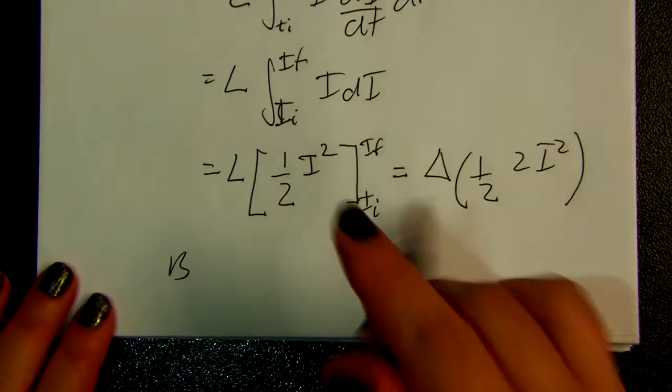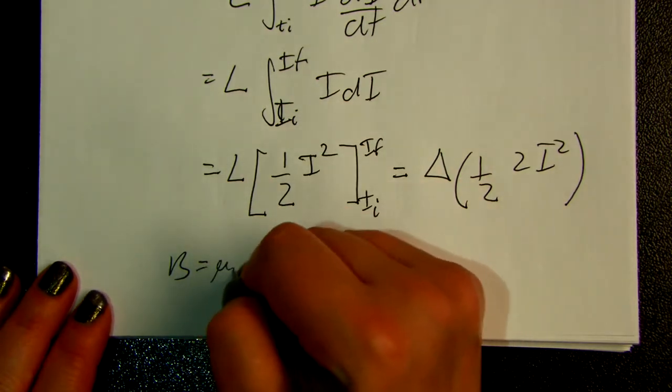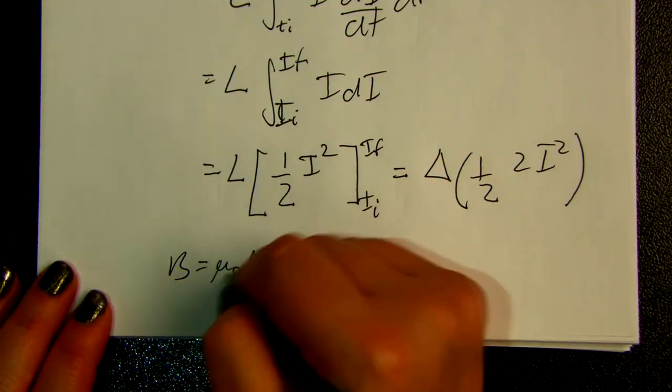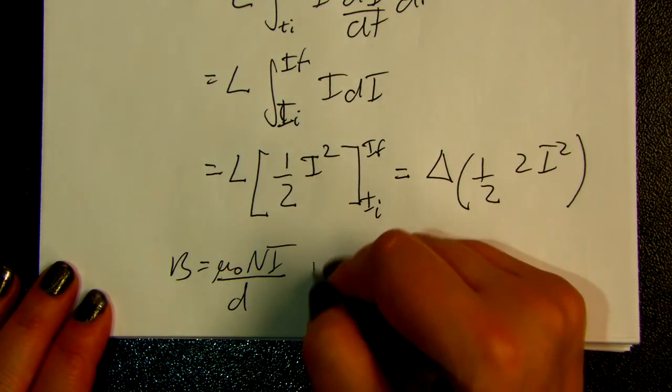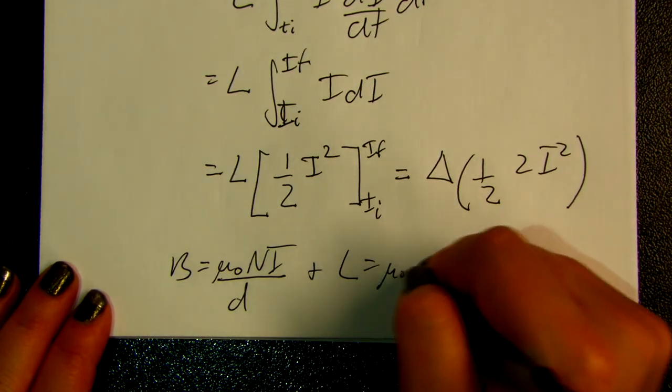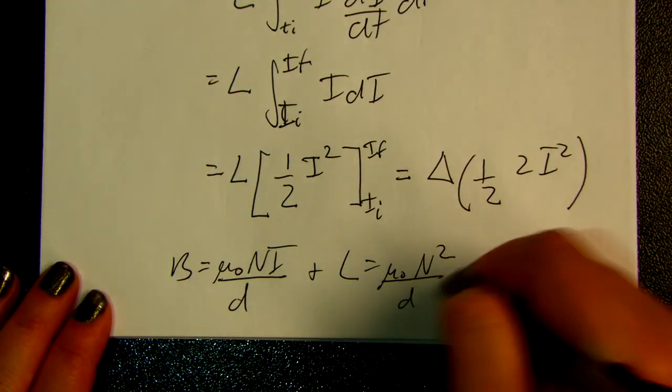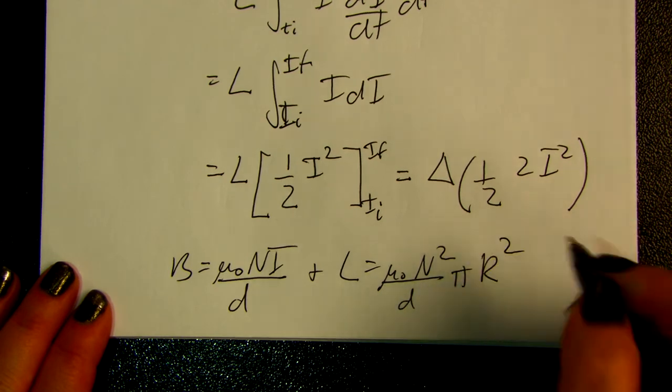Okay, so B is equal to mu naught N I over d, and L is equal to mu naught N squared d pi r squared.